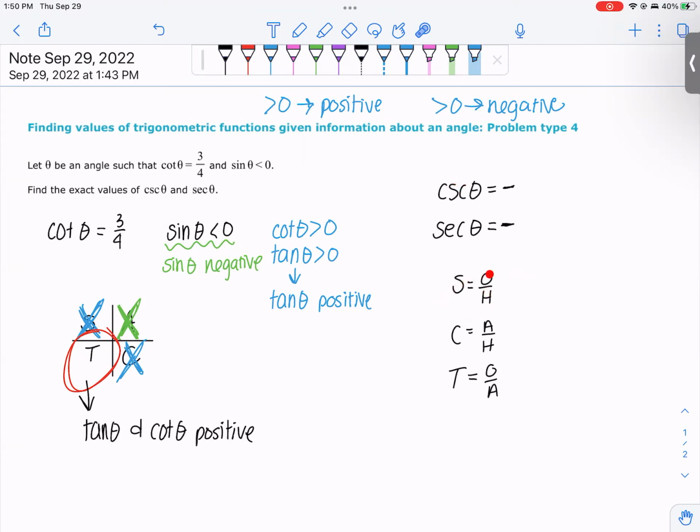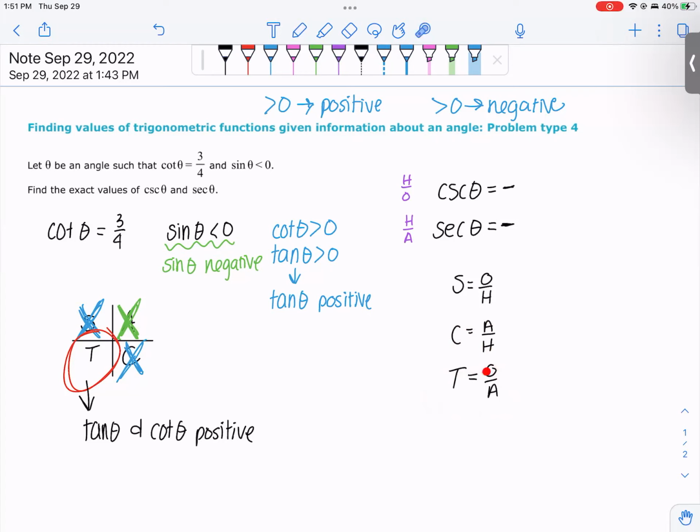If sine is opposite over hypotenuse, I know that cosecant is going to be hypotenuse over opposite. Secant is the soulmate of cosine. So if cosine is adjacent over hypotenuse, then secant should be hypotenuse over adjacent.